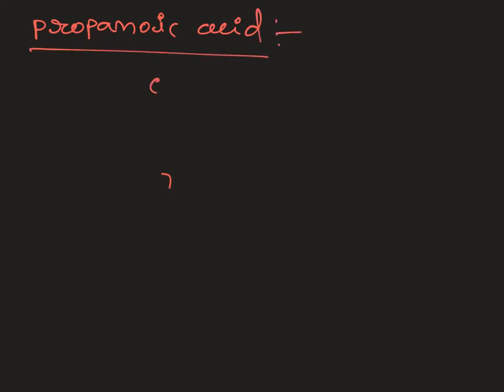Propanoic acid is a 3-carbon carboxylic acid. How do we prepare propanoic acid by using ethyl acetate? Pause the video and write the reaction.